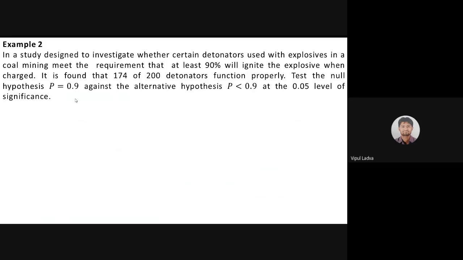Second one. Let's go for the second example. What it says that in a study designed to investigate whether the certain detonator used with explosive in a coal mining met the requirement that at least 90% will ignite the explosive when charged.